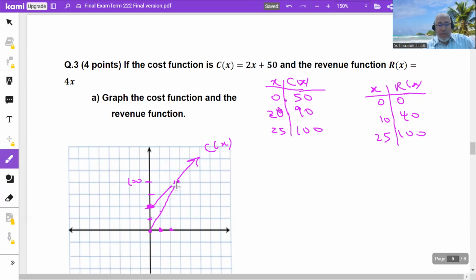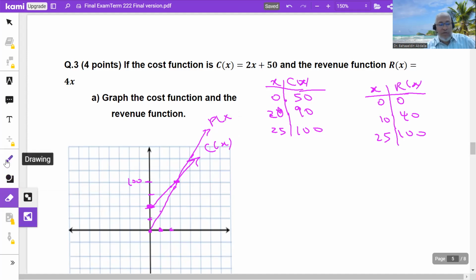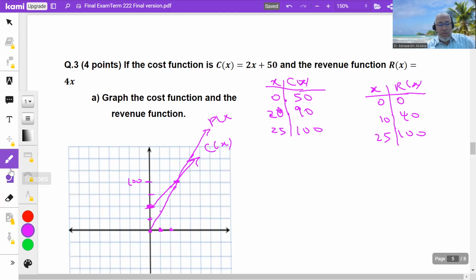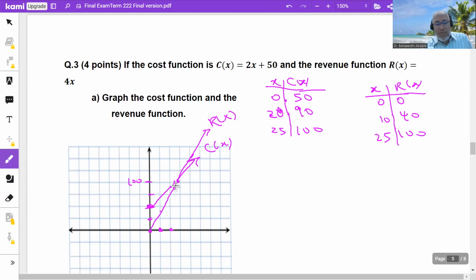So this is the revenue function. And this point, the point of intersection, the point where R(x) equals C(x), is in fact the break-even point.